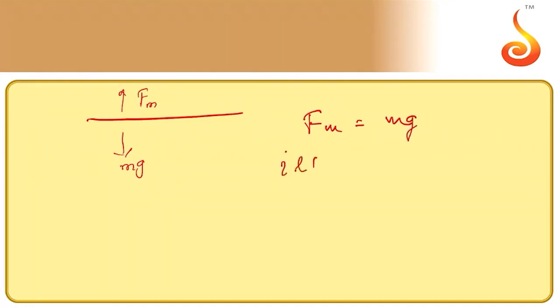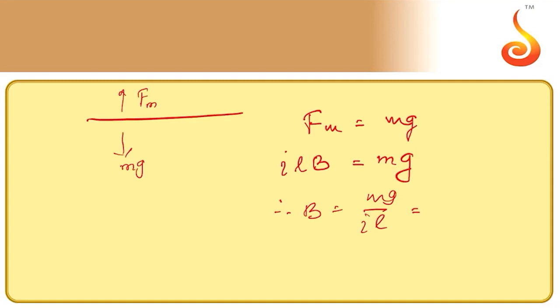This is I into L into B is equal to m into g. So B is equal to mg divided by IL.